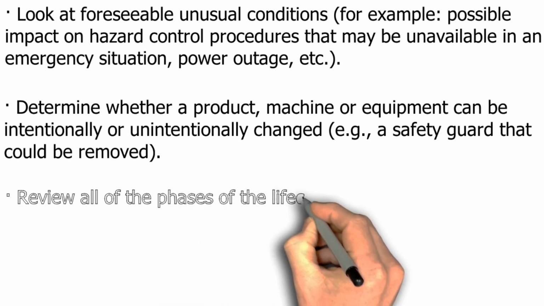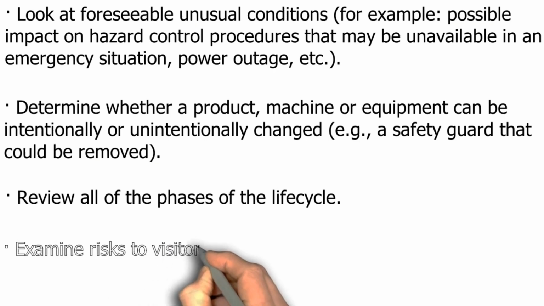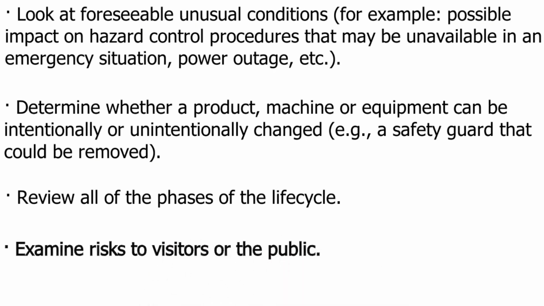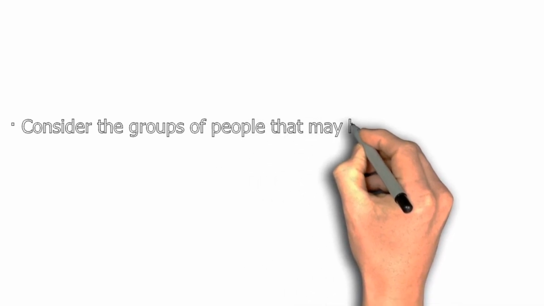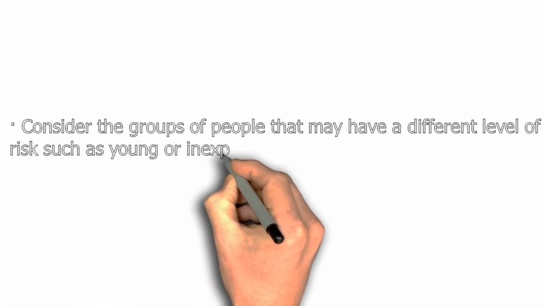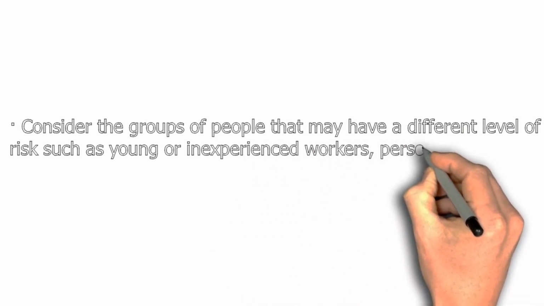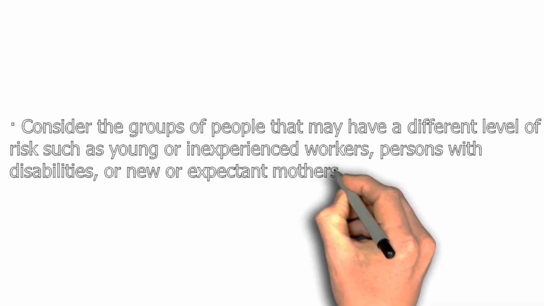Review all of the phases of the life cycle. Examine risks to visitors or the public. Consider the groups of people that may have a different level of risk, such as young or inexperienced workers, persons with disabilities, or new or expectant mothers.